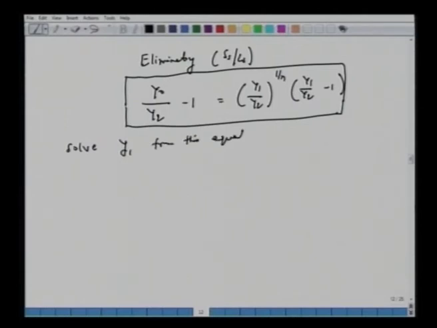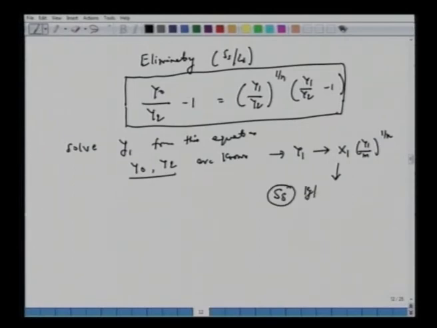In general, the inlet concentration y0 of the liquid to be treated and the exit concentration y2 are known. So from y0 and y2 we can solve for y1. Once we know y1, we can solve for x1, which is nothing but (y1 over m) to the power 1 over n. Once we know x1, we can go back to equation 1 and solve for SS, the kg per second of solid required to treat this feed.